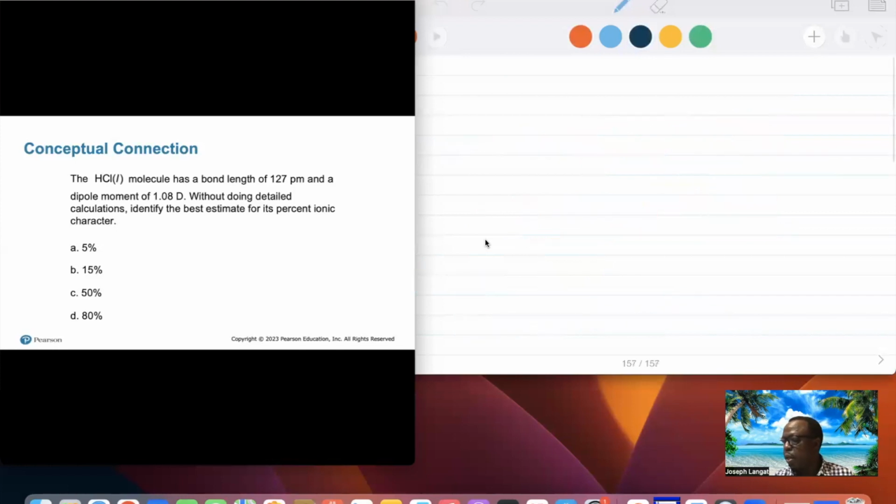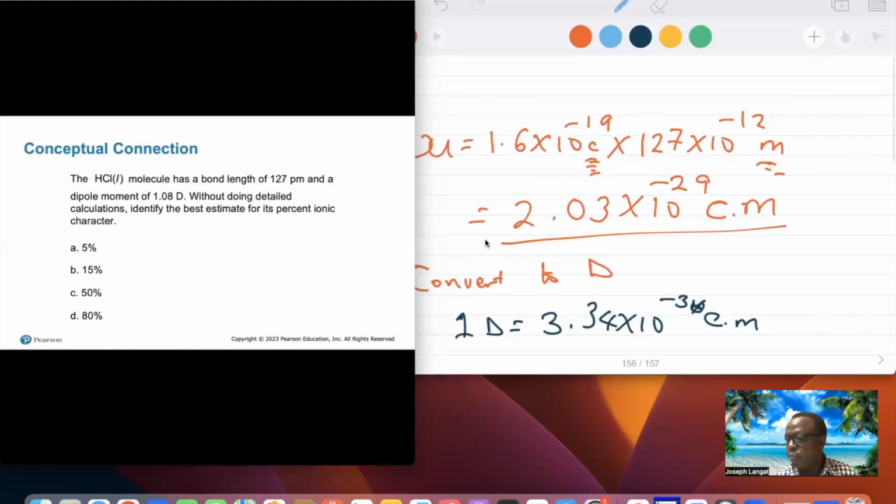So if we plug in that, this is negative 30 here.